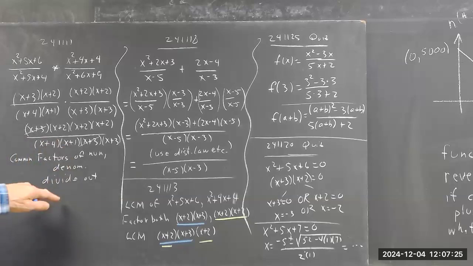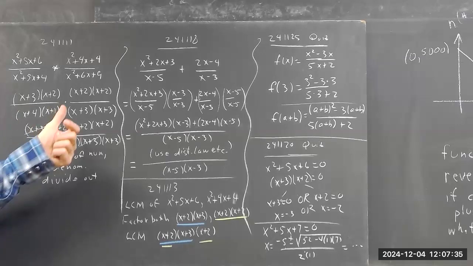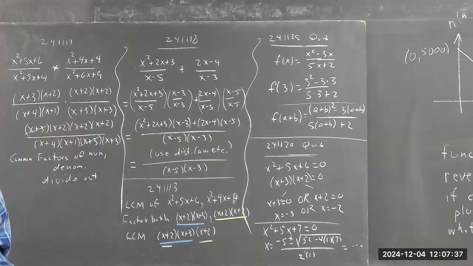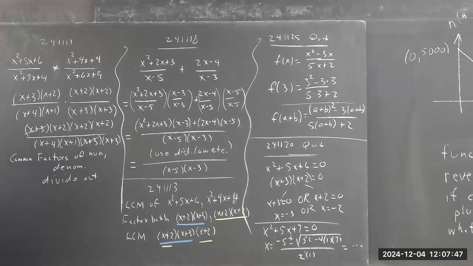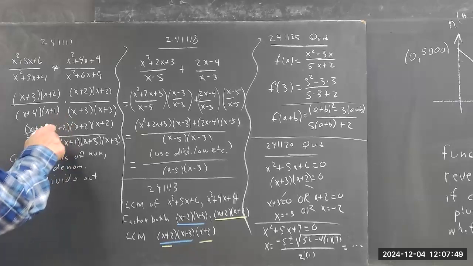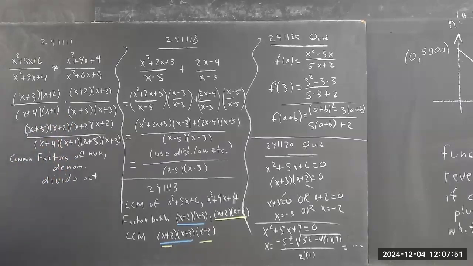Common factors of the numerator and denominator divide out. I don't like the word cancel because people do it wrong all the time. Be sure you understand what it means to cancel. It's a factor of the numerator and a factor of the denominator. Like you can't divide this 4 by this 2. You can't cross those out and put a 2 down here.